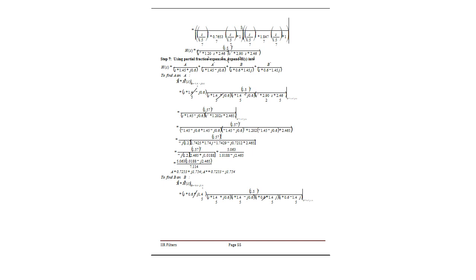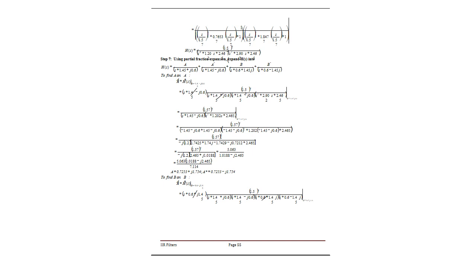So that is A by (s + 1.45 + j0.6) plus A star by (s + 1.45 - j0.6), plus B by (s + 0.6 + j1.45) plus B star by (s + 0.6 - j1.45).